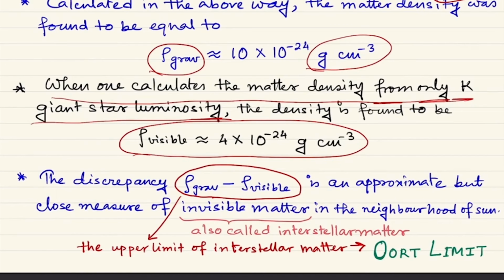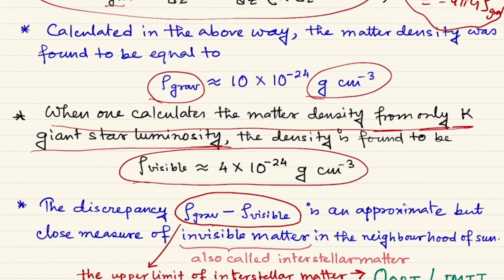Now it is true that here the discrepancy is of the same order, but the discrepancy can actually be much larger in the case of very big galaxies. And when we are talking about cosmological scales, then people are talking about the famous problem of dark matter.